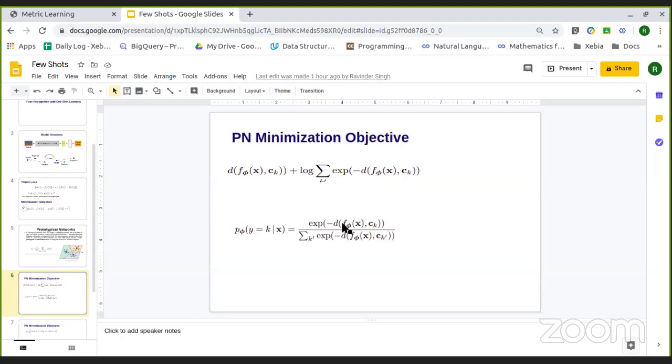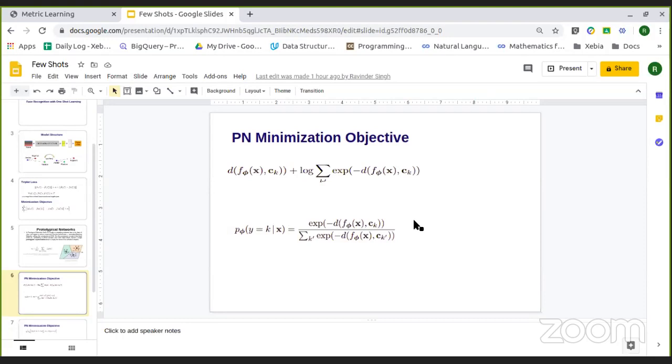We are calculating the probability, taking the sigmoid of that, and after that, if we take the log, we achieve this objective function. This is why we are calling it negative log probability, because if you take a log of this, you will reach these equations.